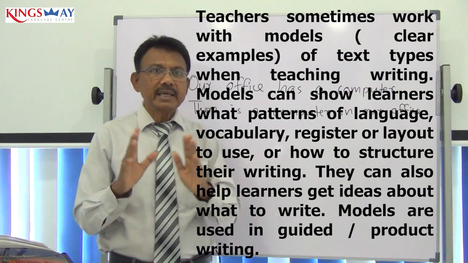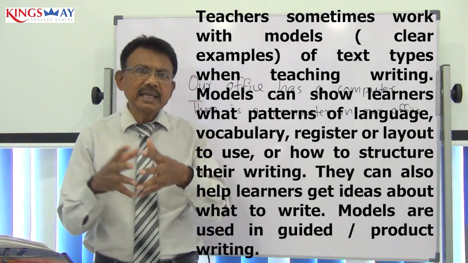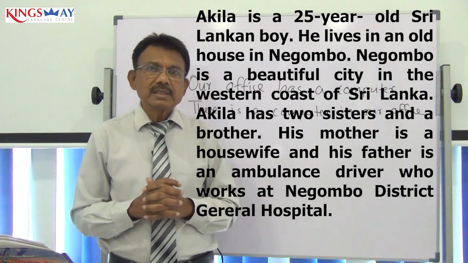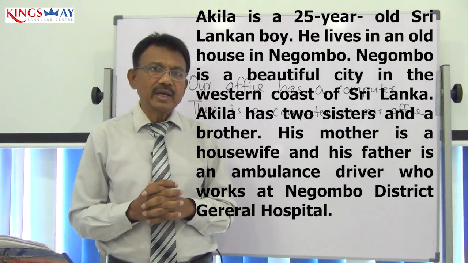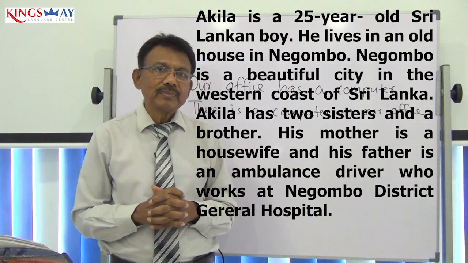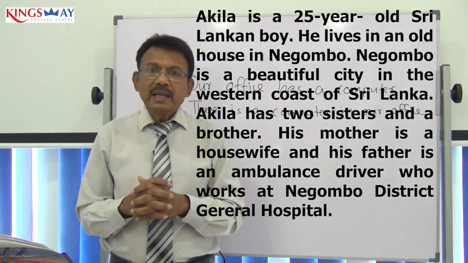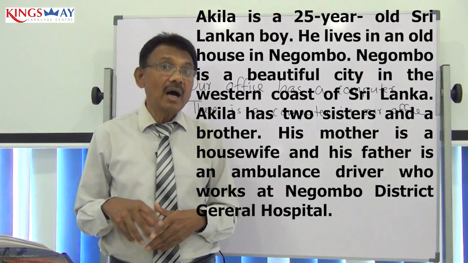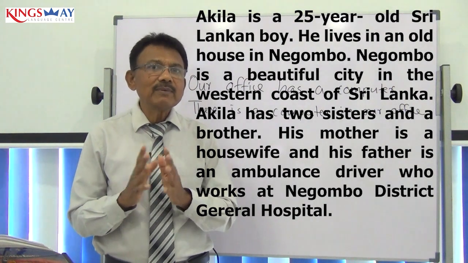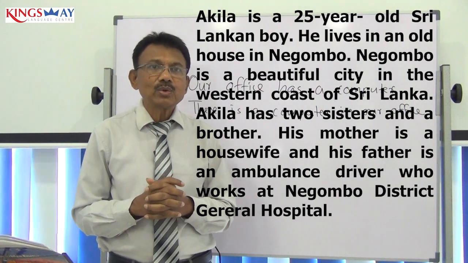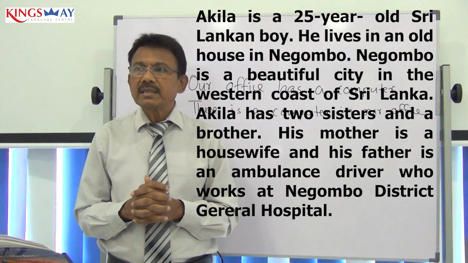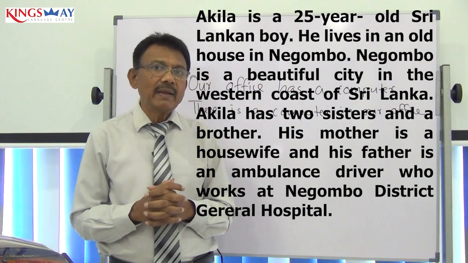Now, for example, I can say, I'll tell you about a boy. Akila is a 25-year-old Sri Lankan boy. He lives in an old house in Negombo. Negombo is a beautiful city in the western coast of Sri Lanka. Akila has 2 sisters and a brother.